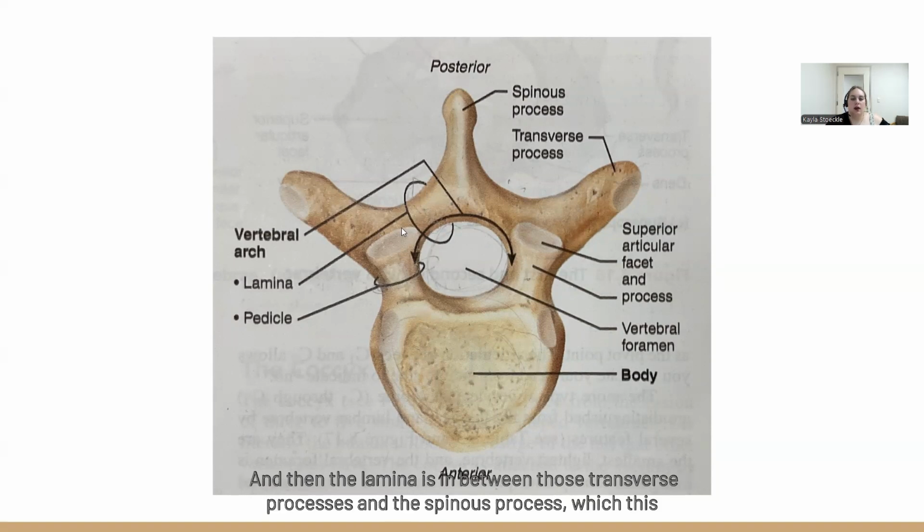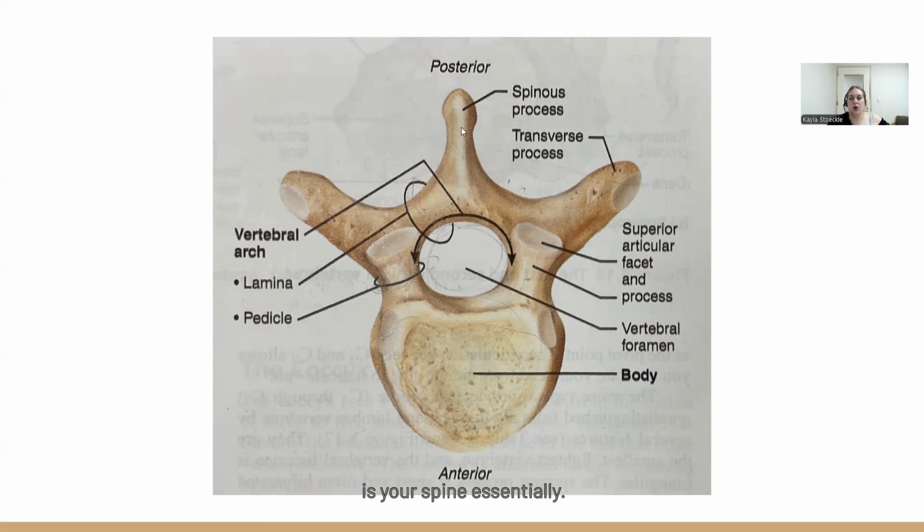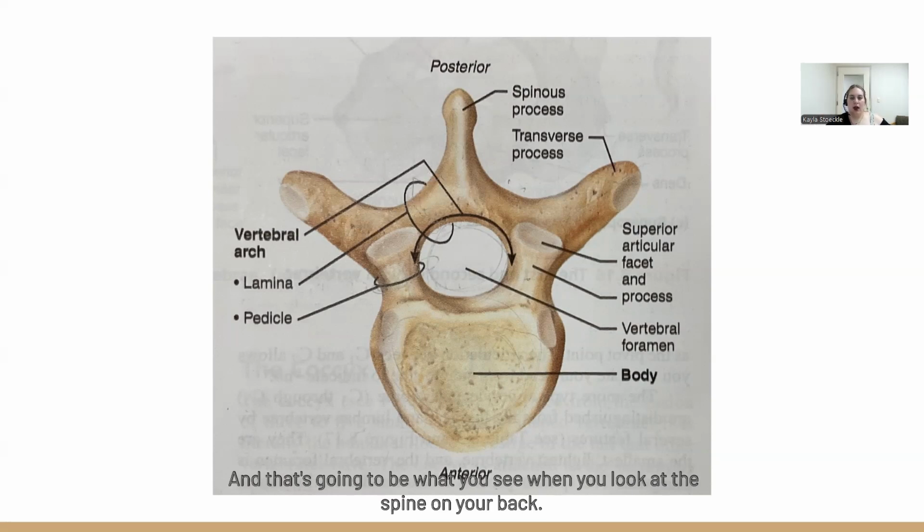The lamina is in between those transverse processes and the spinous process, which is your spine essentially. That's the posterior portion of the vertebrae, and that's what you see when you look at the spine on your back.